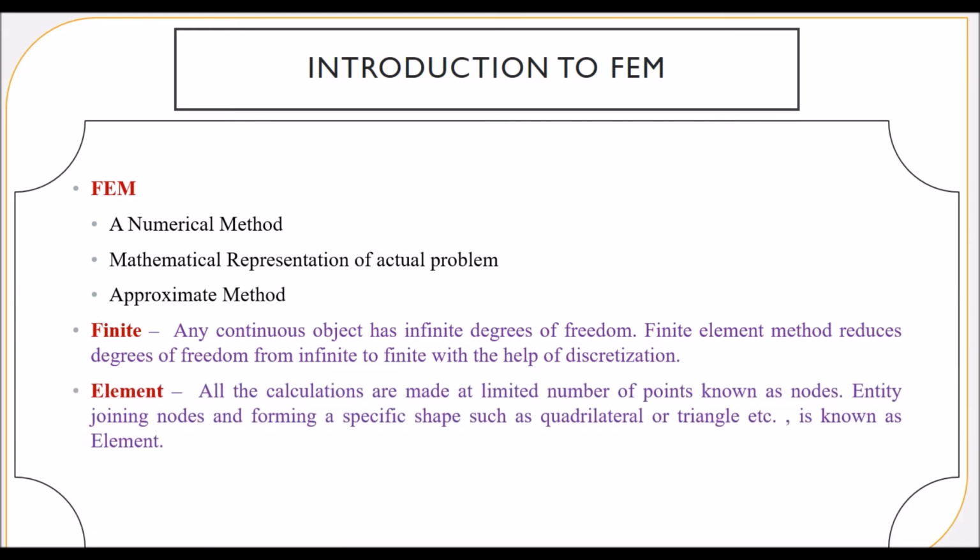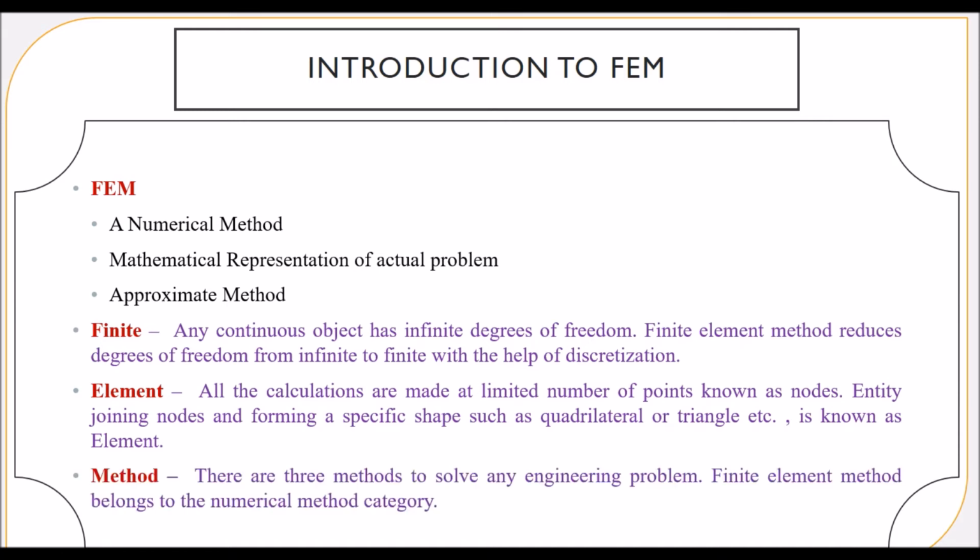All the calculations are made at a limited number of points known as nodes. The entity joining the nodes and forming a specified shape such as a quadrilateral or rectangle, etc., is known as the element. Next is method. As there are 3 methods to solve any engineering problem, the finite element method belongs to the numerical method category. So this is about the FEM, that is, finite element method.